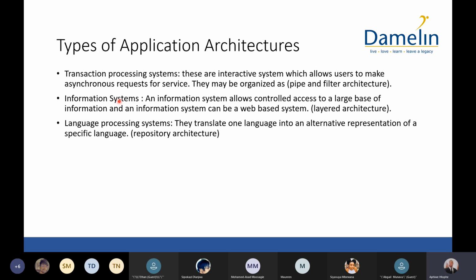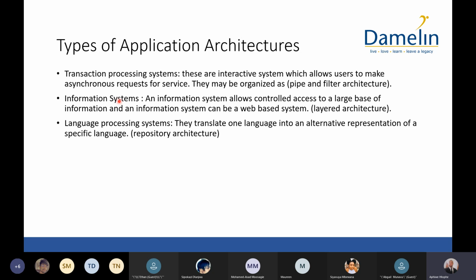Hence, you're going to use the layered architecture, because with the layered architecture, all you need to do is make changes to the user interface layer to accommodate the different systems. So if you're building it for a web-based system, then you're going to be in the user interface layer, you're going to be writing HTML code. But the business logic layer would already exist with the functionalities. So all you're doing is changing the display or the design, what the customer sees. So that's an example. Information systems are a critical example of how we would use the layered architecture.